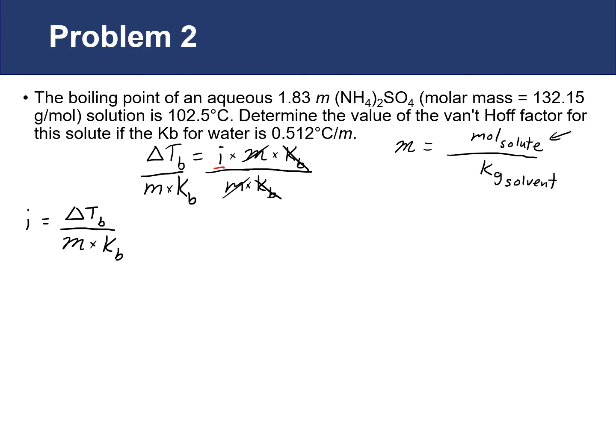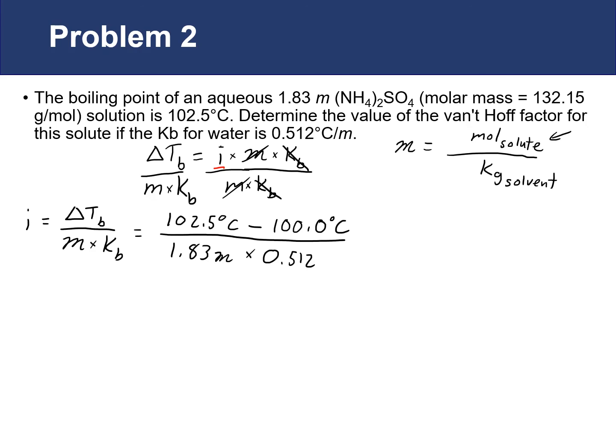We can just plug in our values now. So this is 102.5 degrees Celsius. From this, we subtract the normal boiling point for water, which is 100.0 degrees Celsius, divided by our molality, 1.83 molal, times our boiling point elevation constant, 0.512 degrees Celsius per molal.